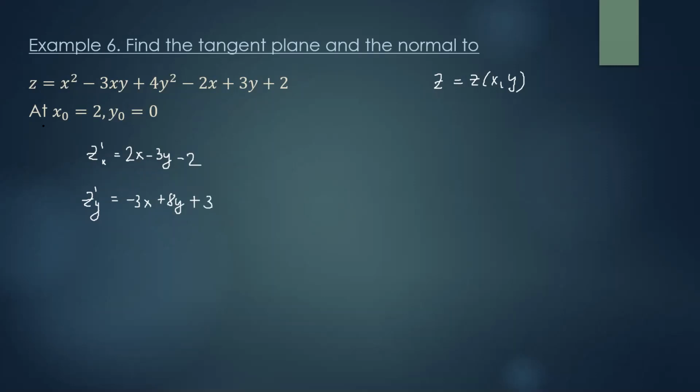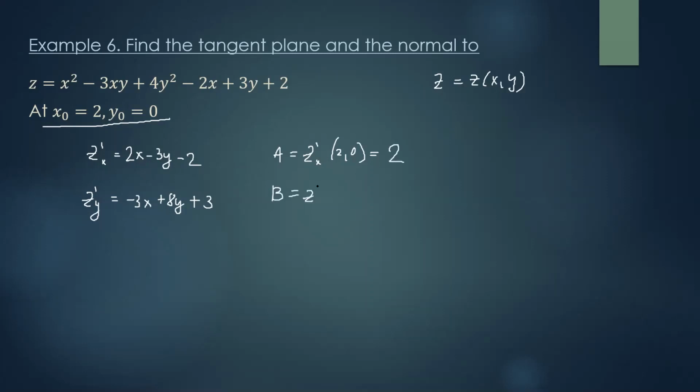And so at this point, I see that A is z derivative by x at (2, 0). Put in x is 2, y is 0. 4 minus 0 minus 2, that is, it is equal to 2.